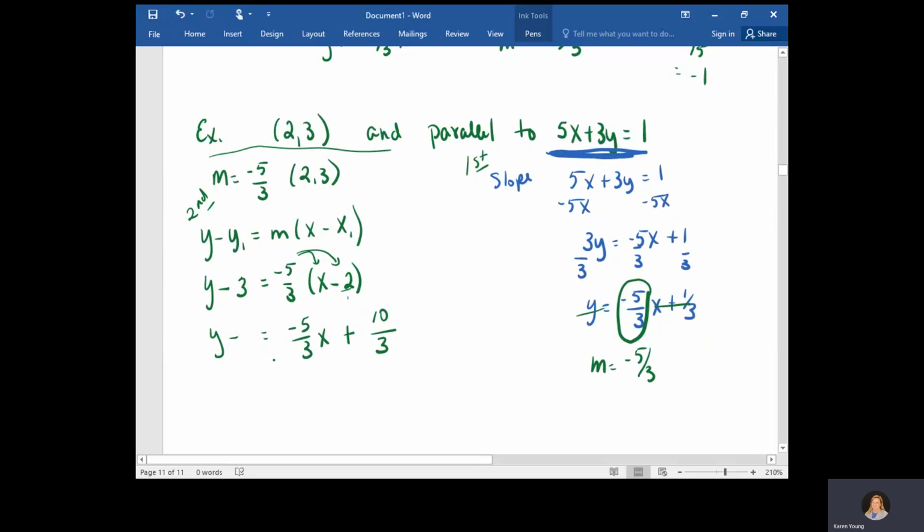And I'm going to write what they wanted. They want it in slope-intercept form. So I'm going to add 3 to both sides: negative 5/3 x plus, and if I add 10/3 and 3 together, I can either use a calculator or get a common denominator.